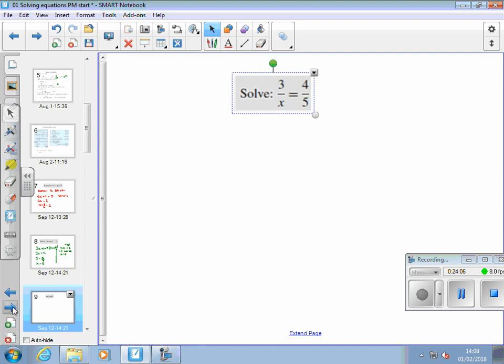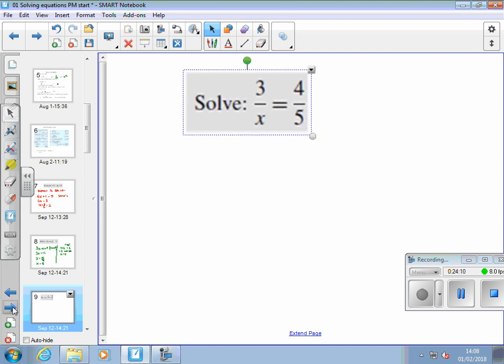Right, 3 divided by x is equal to 4 divided by 5.